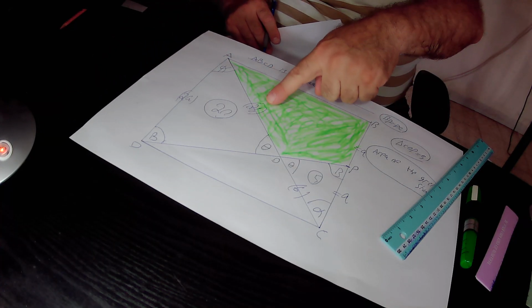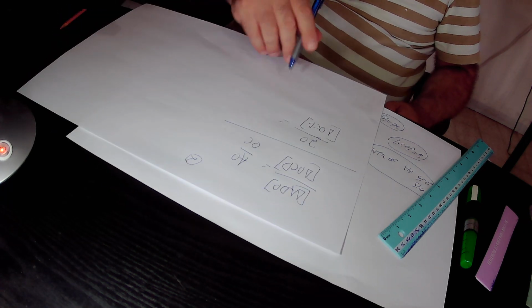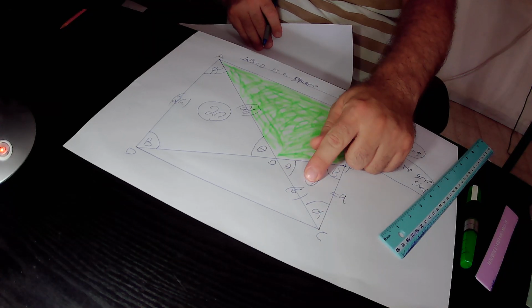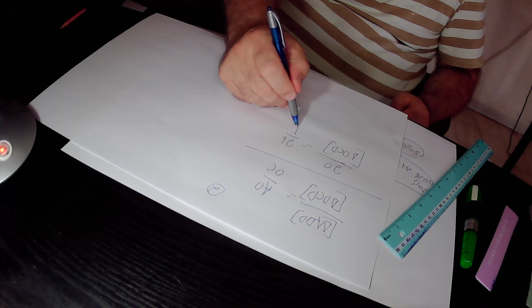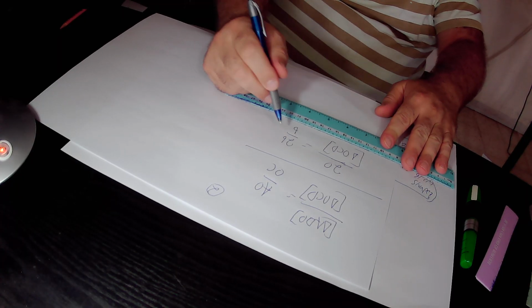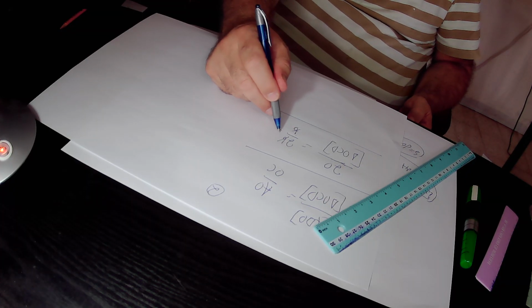AO is 2B, and OC is B according to our definition. This is 2B over B. So we have B in the numerator and B in the denominator, so B will get cancelled and we are left only with 2.